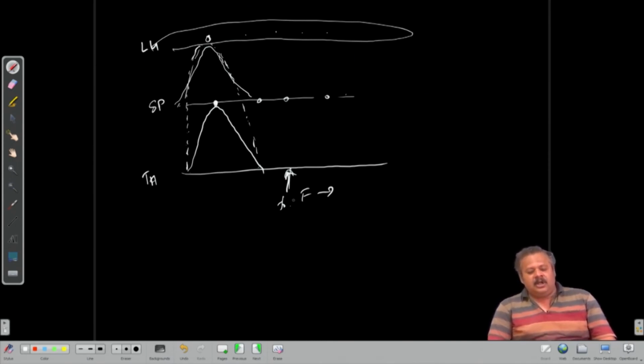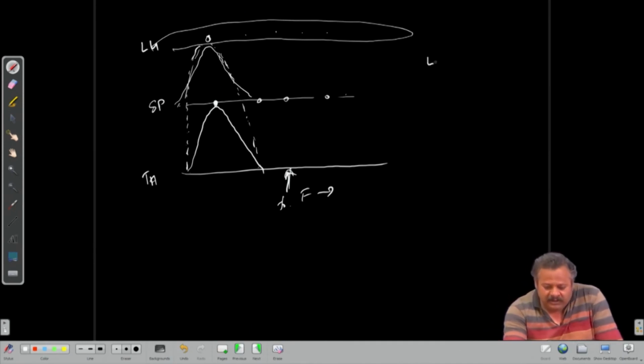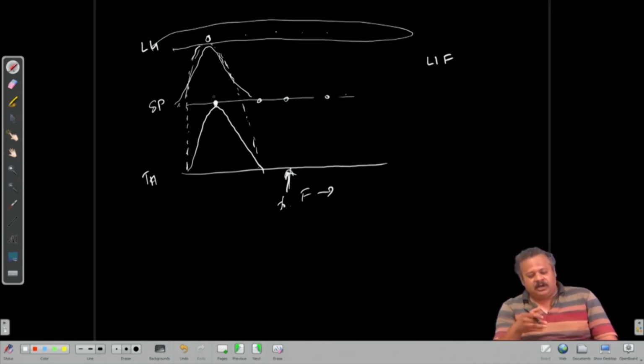Now that you know how to implement the leaky integrate and fire model, you basically have two types of neurons, subplate neuron and layer 4 neuron, and you can have multiple numbers of them, and you know how to incorporate a synapse, and you can also incorporate spike timing dependent plasticity in these cases, or if you want, you can use a rate based model, which has problems associated with it.